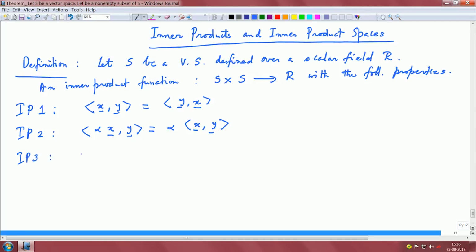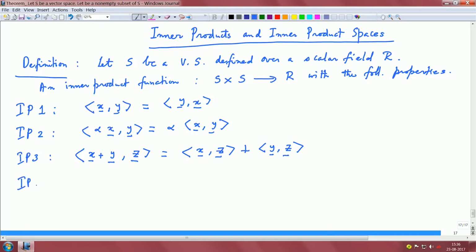We have the third property, which is basically the distributive property. We take the sum of two vectors and we take the inner product with another vector. So, the inner product of x plus y with z is basically the inner product of x with z and the inner product of y with z.